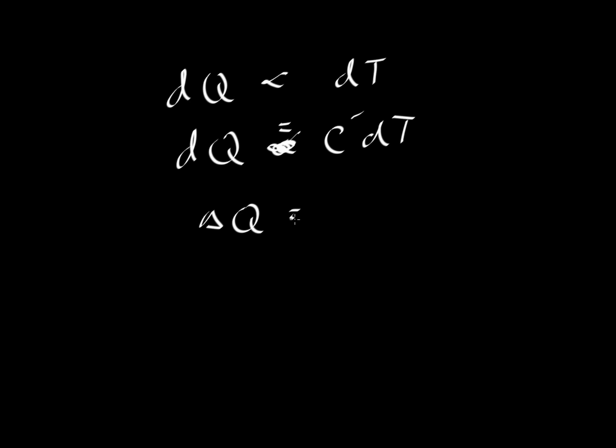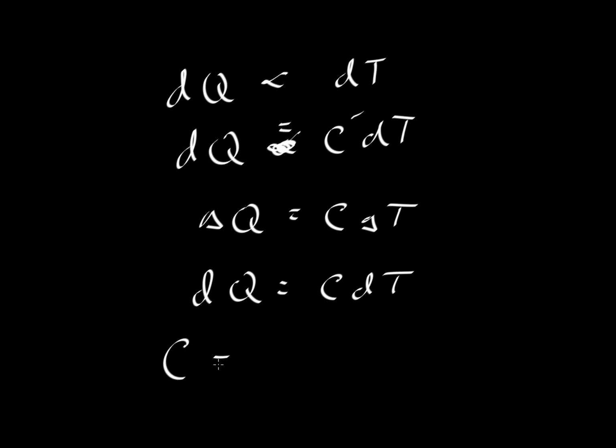So a change in Q is equal to C delta T, or using calculus, dQ is equal to C dT. So we can now define C as, and it's really defined, it's not a derived quantity, it is equal to the change in heat divided by the change in temperature that results from that change in heat.